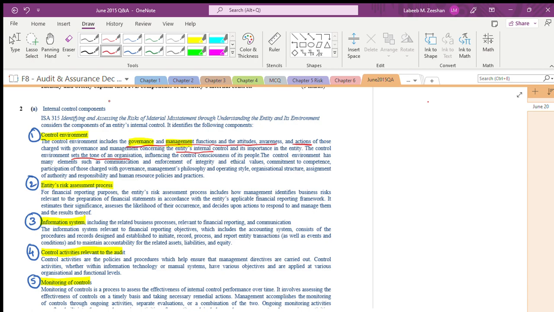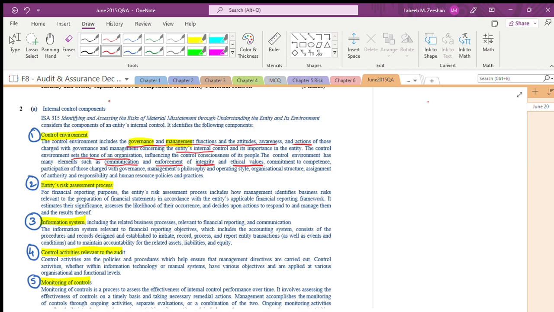The control environment has many elements. You have to communicate and enforce, you have to have integrity, and you should have ethical values.